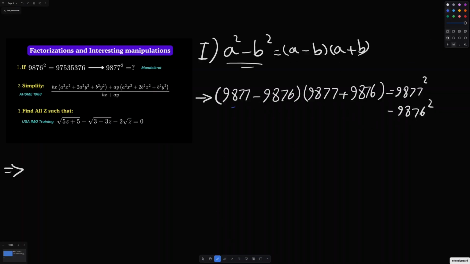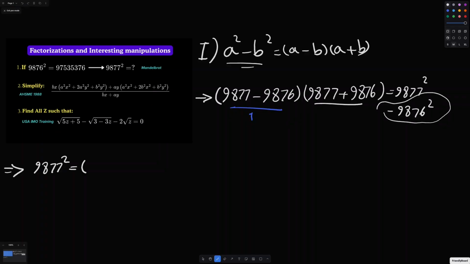So as you can see, this is 1. So what I have right now is quite simpler. I have that 9,877 to the power of 2 equals, remember, we have this as well from the problem itself, it is given here, 1 multiplied by this. So what is this result here? Let me just calculate it on the calculator for a second quickly.